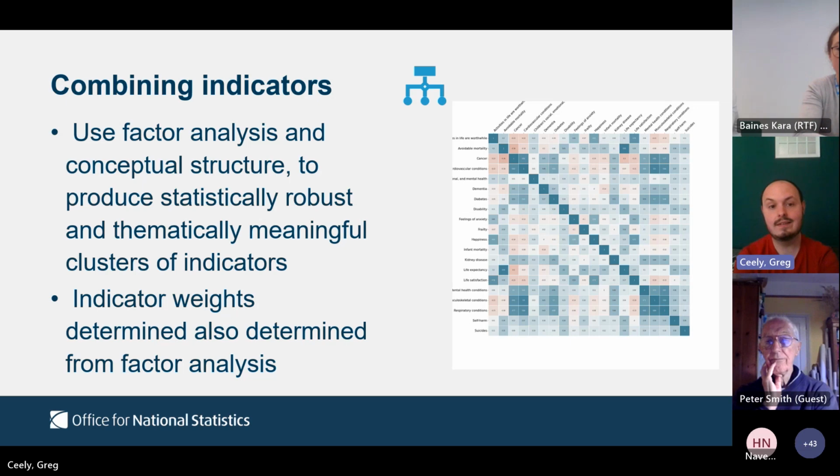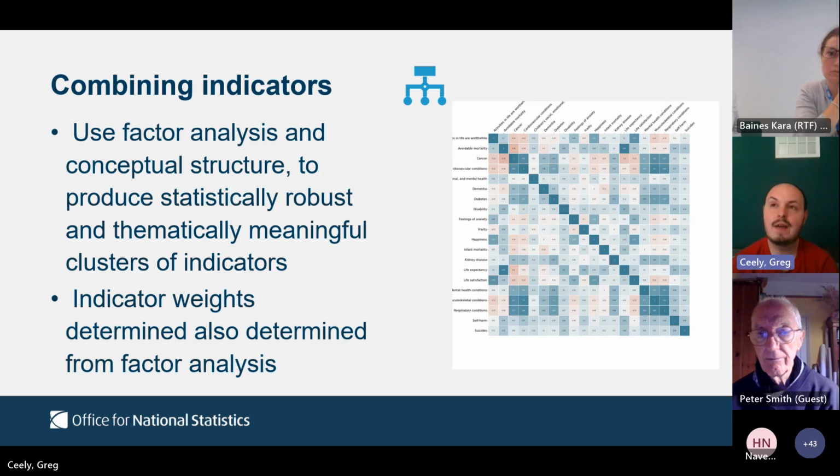Finally, on this factor analysis section, I've explained that each indicator explains a certain amount of variance in a latent factor or subdomain for us. And these did not just determine which indicators sat within each subdomain, but also determined their weightings within each subdomain. Not everything in the health index is weighted equally.